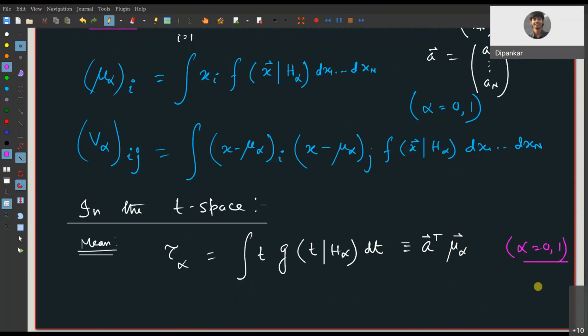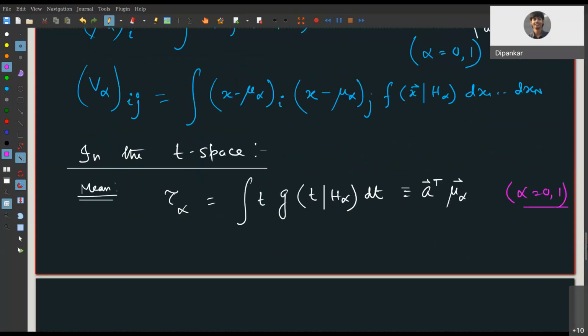So for H0, the mean is tau 0, and for H1, the mean is tau 1. All right. And similarly, you have also learned the variance in the new space, which I call sigma alpha square. This is basically the integral of (t minus tau alpha) whole square times g of t given H alpha is true dt.